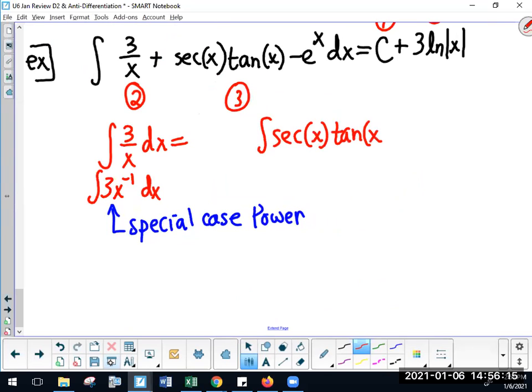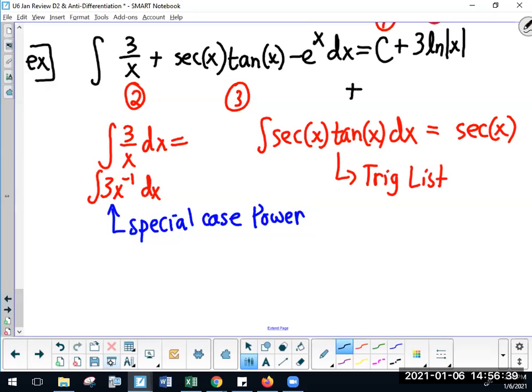Definitely a trig function, right? Is it a trig function that's on the list? It absolutely is. This is on the trig list. So on the trig list of antiderivative techniques, I know that this is going to equal secant of x because the derivative of secant of x is secant of x tangent of x, right? Right. So my third thing comes from using the trig list. That's secant of x.